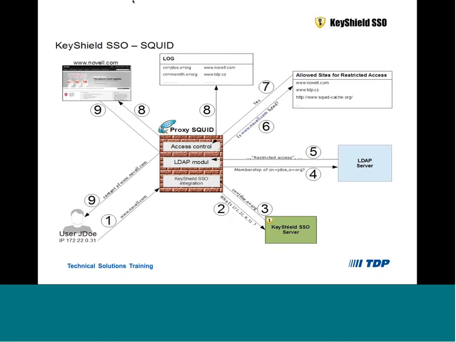For example, one company which already developed their own integration with KeyShield SSO is WebTitan. WebTitan is a very nice proxy solution based on Squid, and we are the first and only IDP provider they integrate with, because we are fast enough.